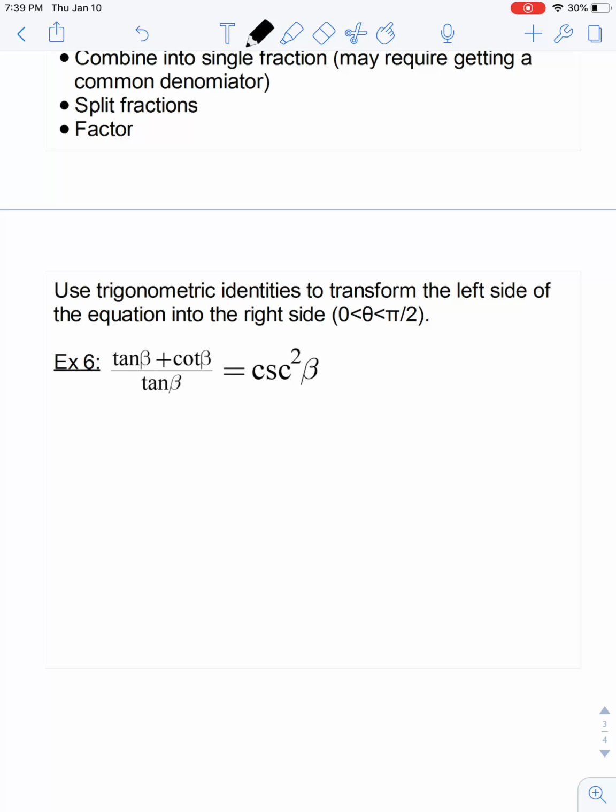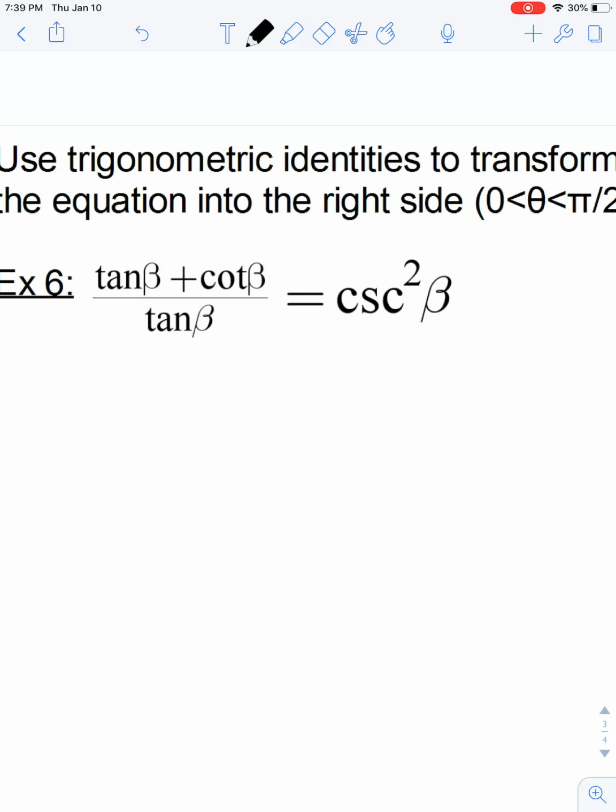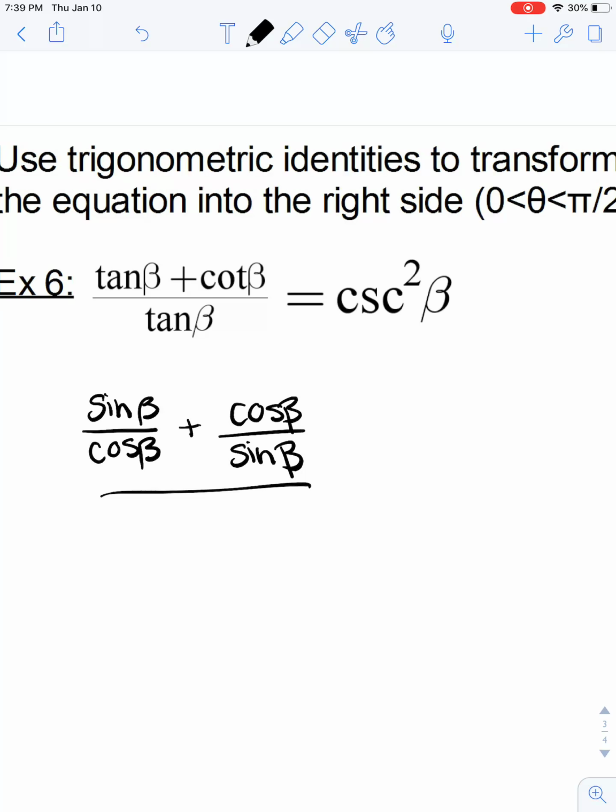So I'm going to say, okay, here this is going to be sine of beta over cosine beta plus, and then the cotangent would be the opposite, I'm sorry, the opposite of tangent beta, so that would be cosine beta over sine beta.